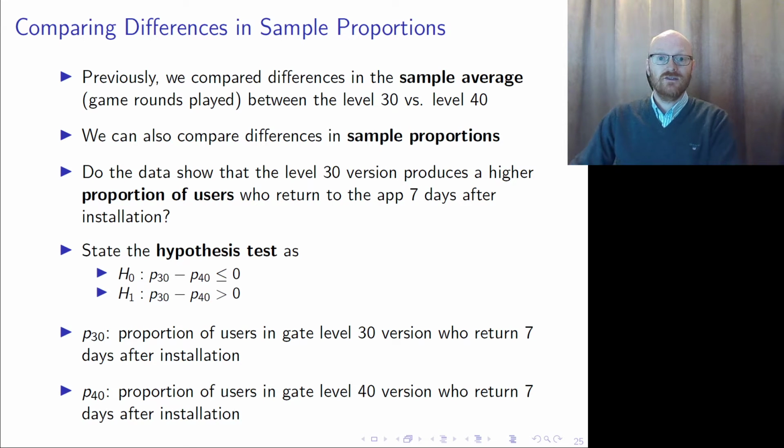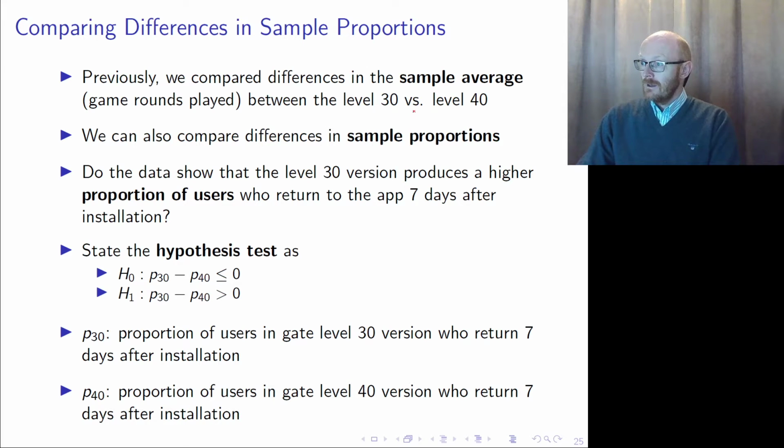So now we compare differences in proportions. In the previous example, we compared differences in sample average, which were measured as game rounds played, between gate at level 30 versus gate at level 40.